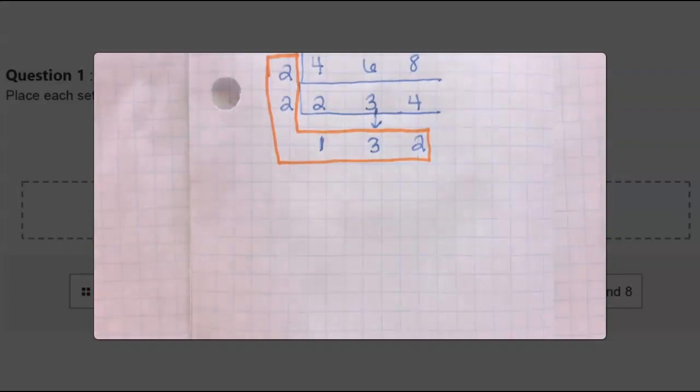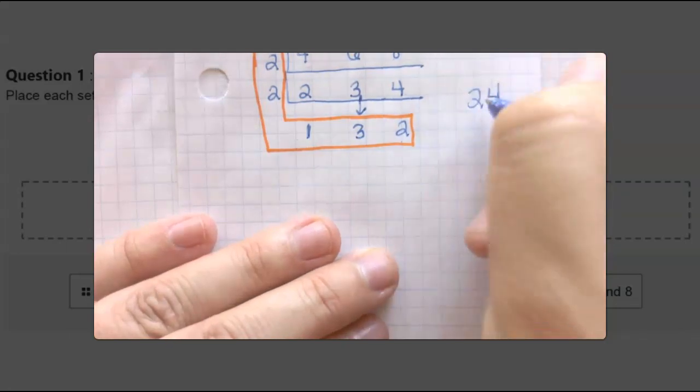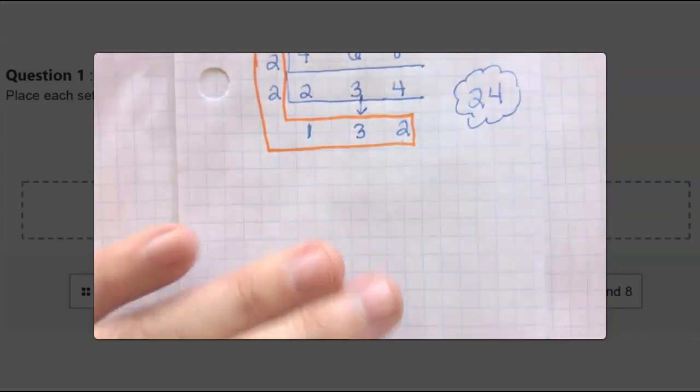So when we multiply all of these numbers, 2 times 2 times 1 times 3 times 2, you should get 24. And that should be your LCM.